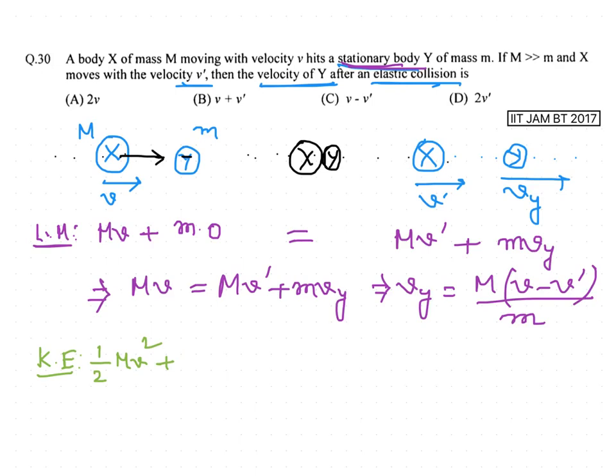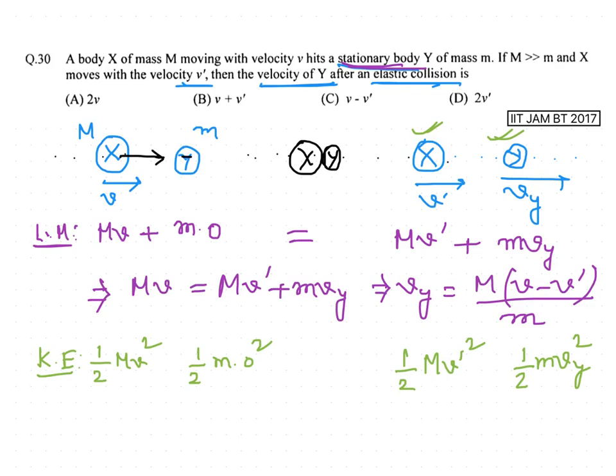First of all just write down the kinetic energies, then we would add them and see what it gives us. For Y, it is half small m times 0 square. For X after collision, it is half capital M v prime square, and for Y after collision half small m times Vy square.